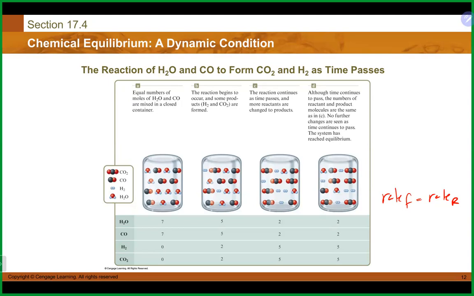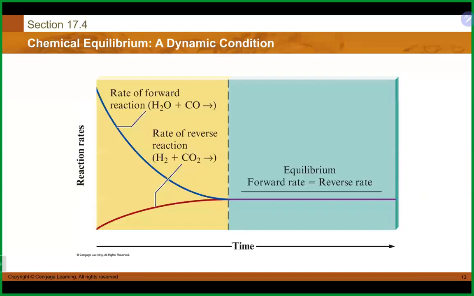As we start going, we do have to decrease the amount of reactants to increase the amount of products. At some point, we'll have a good amount of products that these guys will start maybe going back the other way. And eventually it will reach equilibrium, and the rate of the forward reaction and the reverse reaction will equal each other. And that's what we see in this picture.